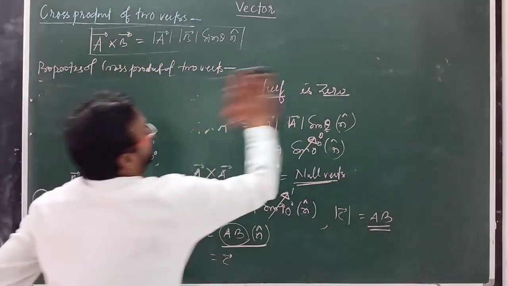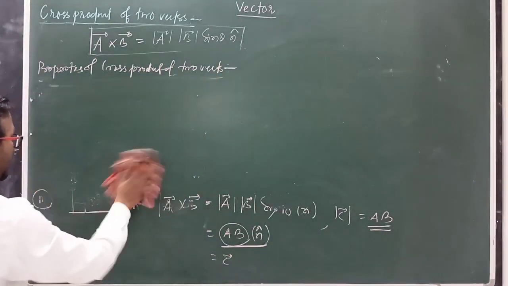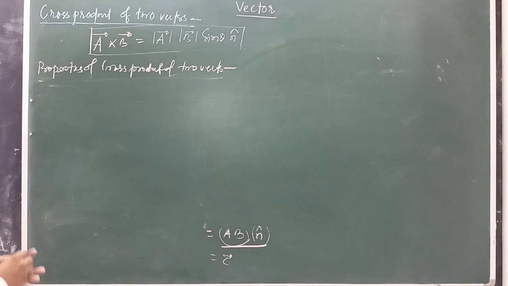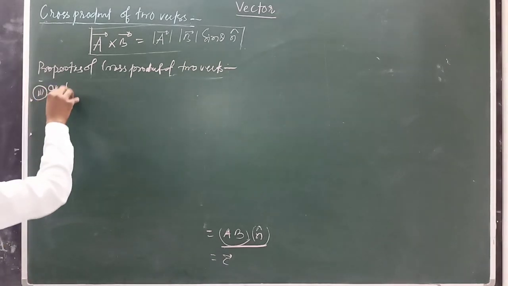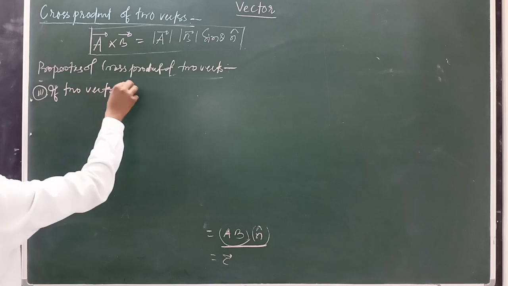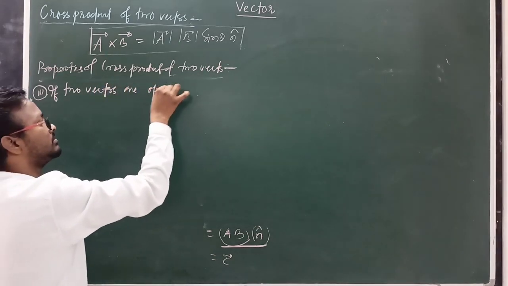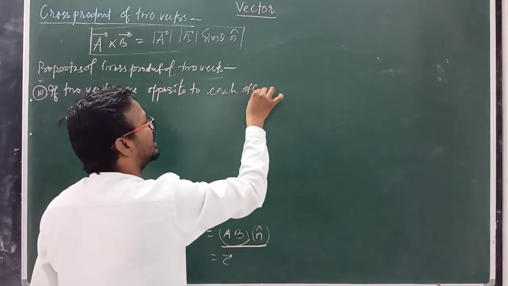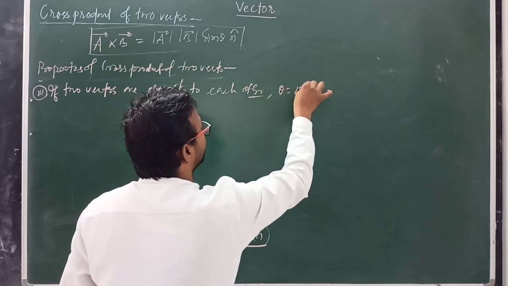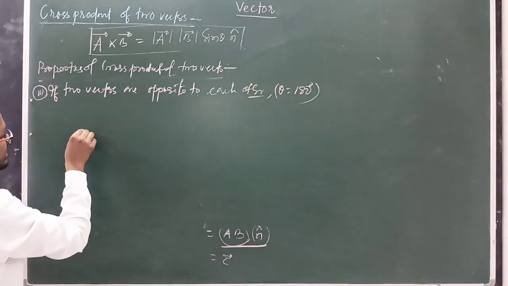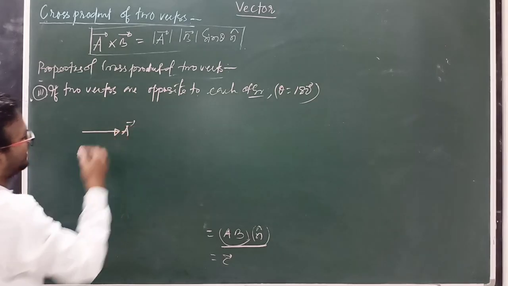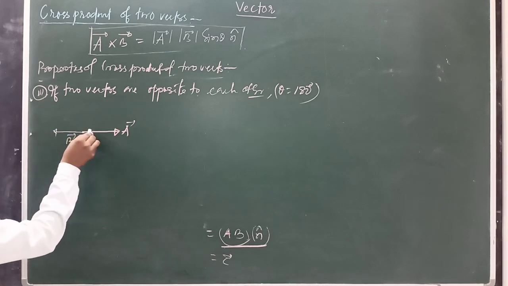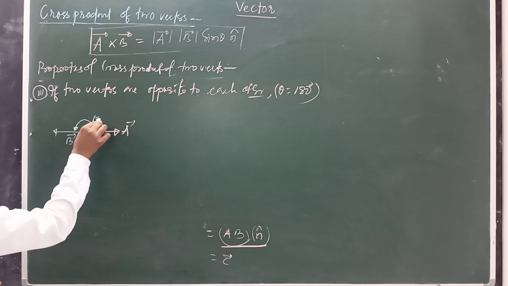And you can take another property. Suppose two vectors are opposite to each other, or suppose the angle between them is 180 degrees. So in this case, suppose there is one vector A and another vector B, and the angle between them is 180 degrees.